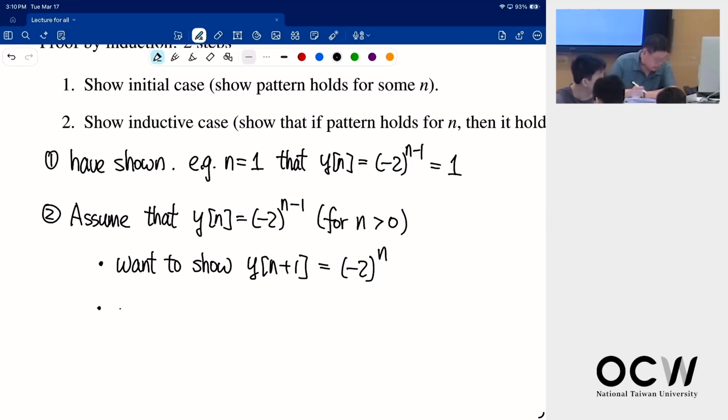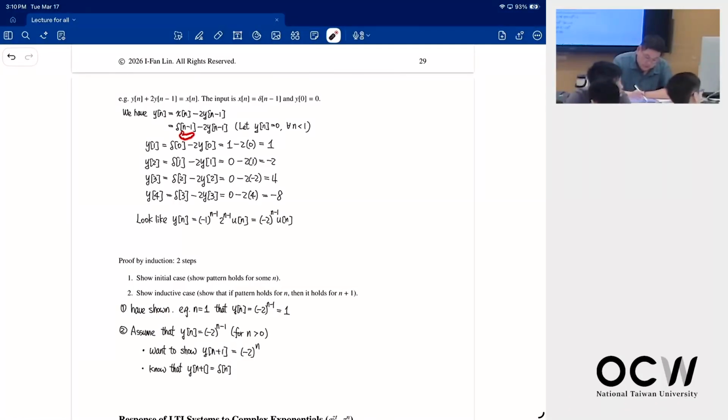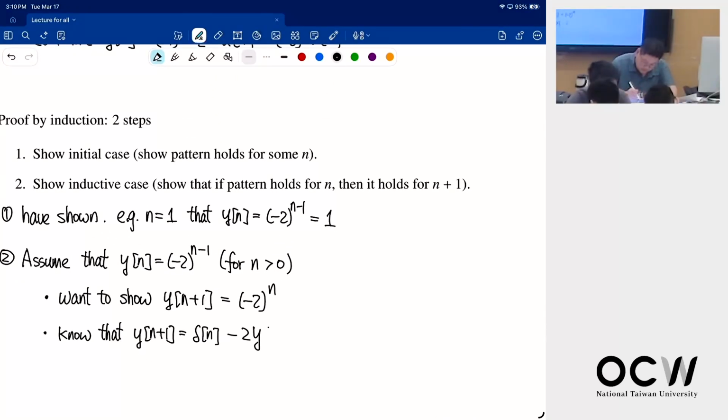And we know that actually y of n plus 1 is equal to delta n plus 1, so here minus 2 times y of n.